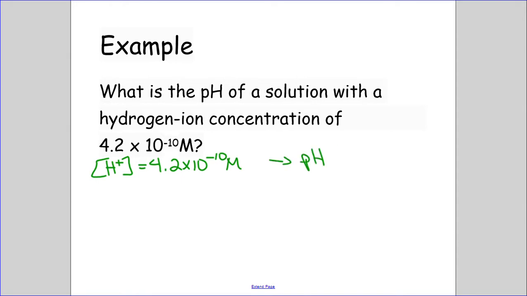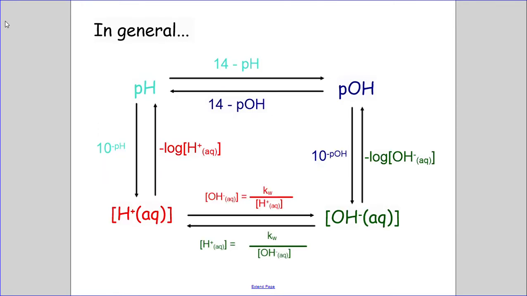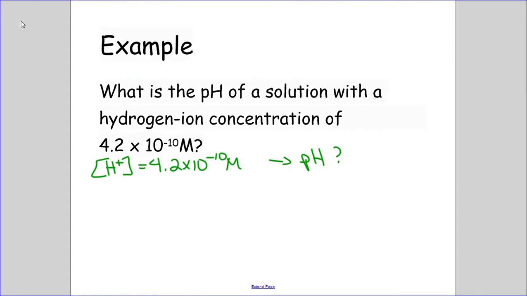It's asking what is the pH of this solution. So if I want to go from H plus to pH, I can see that I'm going to need my negative log equation to get there. So I have pH is equal to the negative log of H plus.